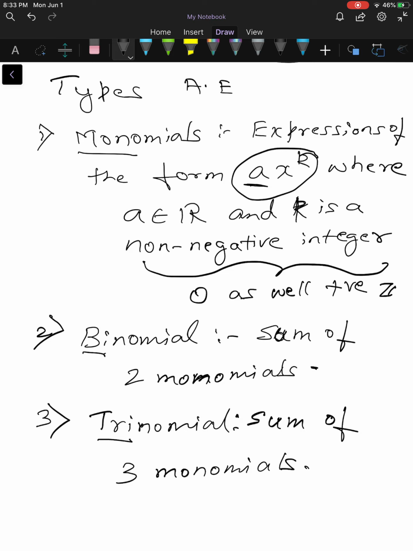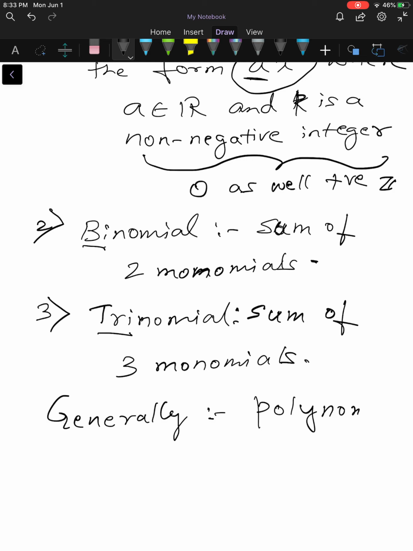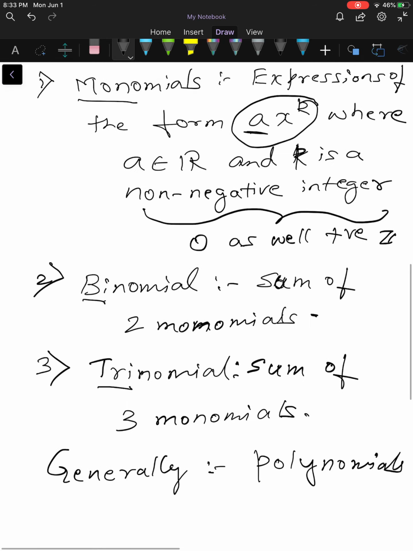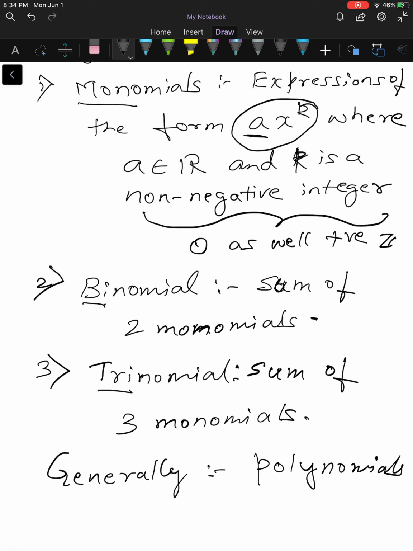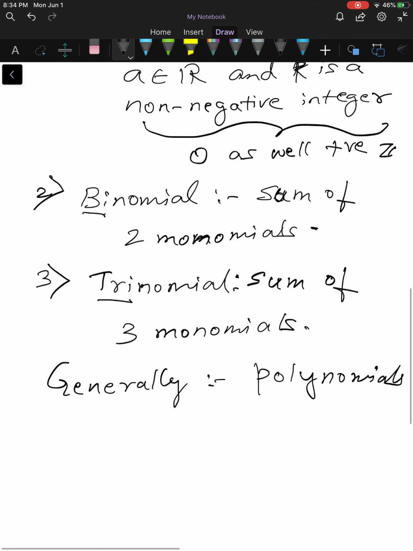I'll give examples. Generally, what happens if it is more than 3? So, generally we call such expressions, or all algebraic expressions, polynomials. We will define polynomials soon. We have a specific name if k takes the value 1, that is, if you have one expression, if you have a sum of 2 expressions, or if you have a sum of 3 expressions.